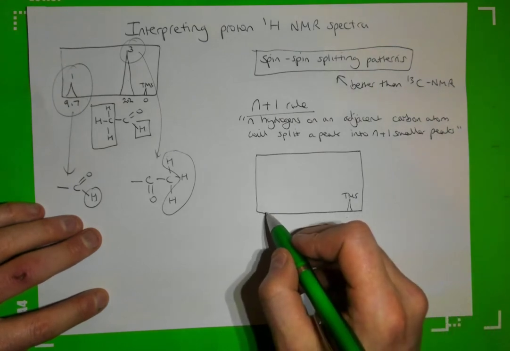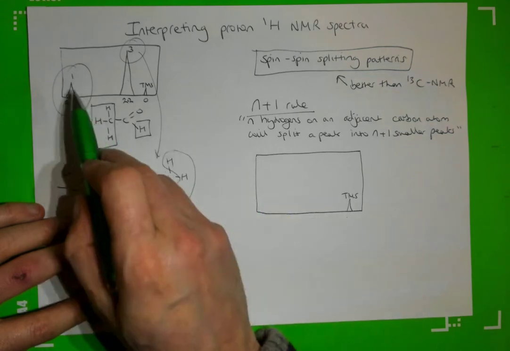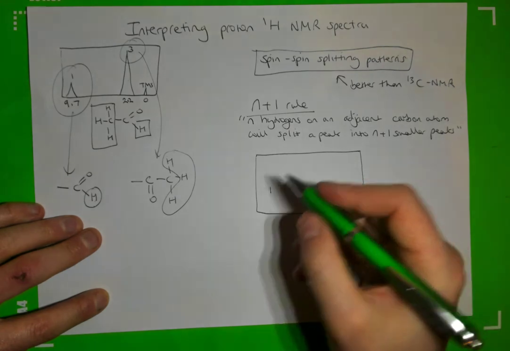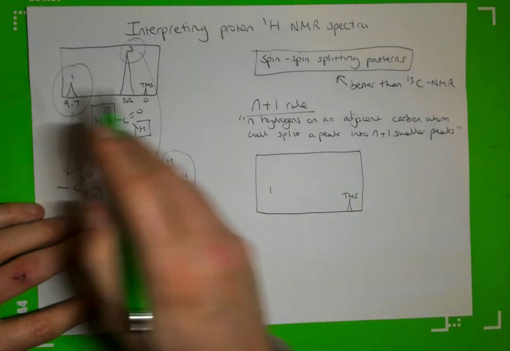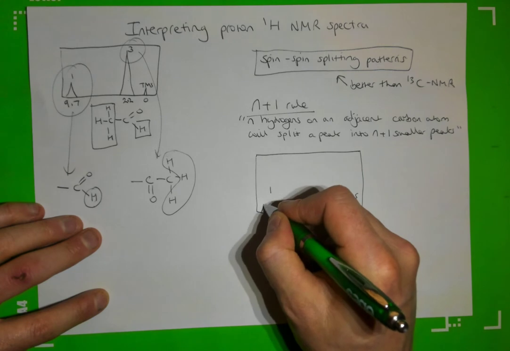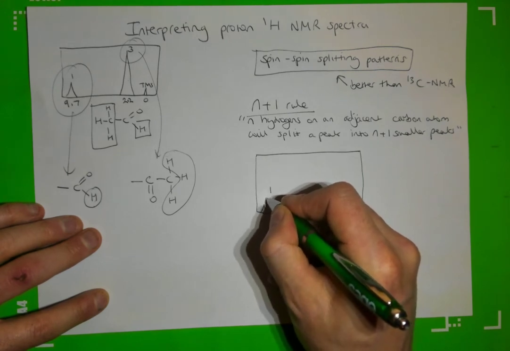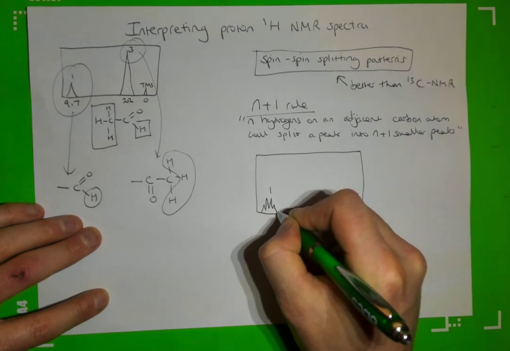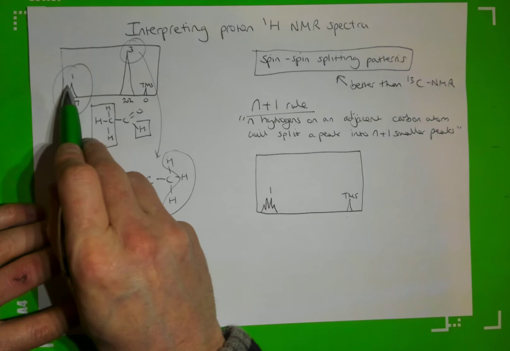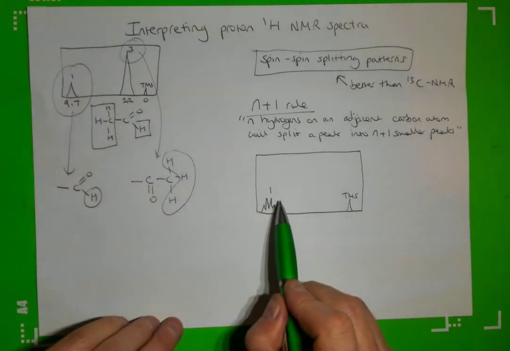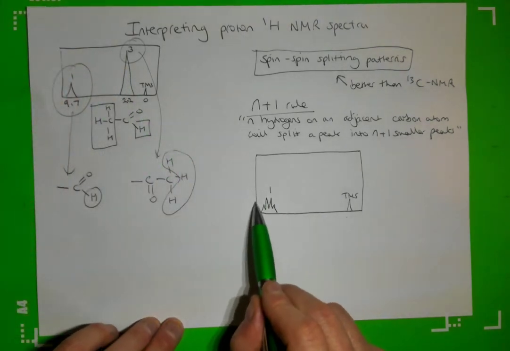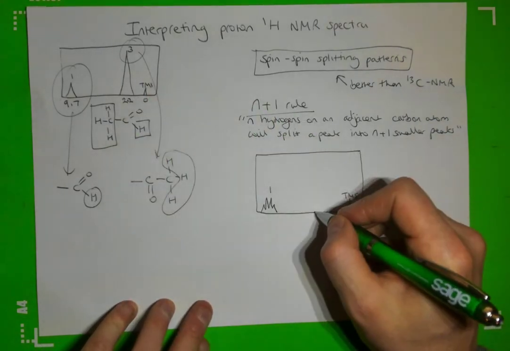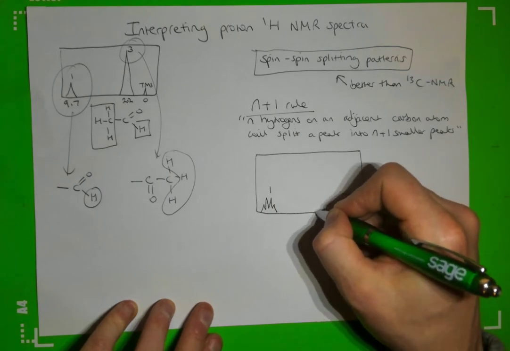But if we look really, really carefully at this peak here with an integration ratio of 1, it's actually split up into 4 smaller peaks, which look a little bit like this. 1, and then 2 bigger ones up here, 2, 3, then the 4th one down here, 4. So when we look carefully at it, if we were to magnify this, it would be split up into 4 smaller peaks. This particular one here will actually be split into 2 peaks.